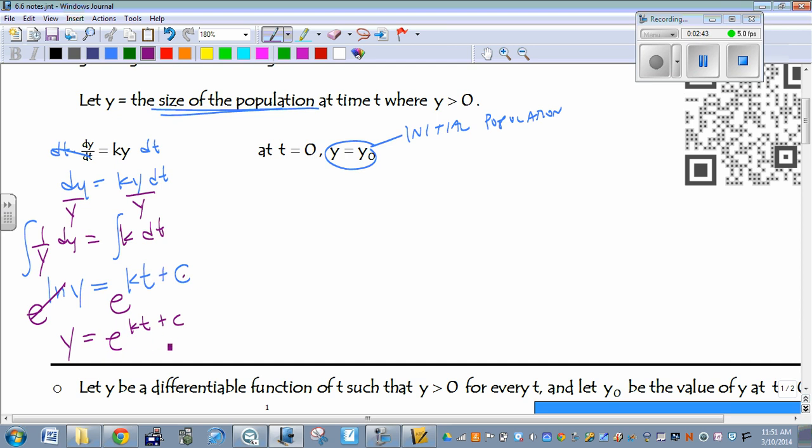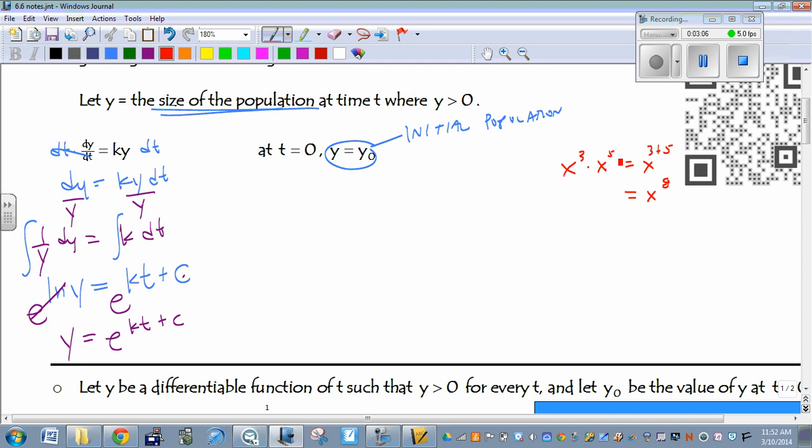Now, one more step here using some properties of exponents. I'll do a little something off to the side here. If we have x to the third times x to the fifth, we should know that to combine those, we would just add those numbers, and normally we won't write this, but what we're doing is adding the exponents to get x to the 8th.